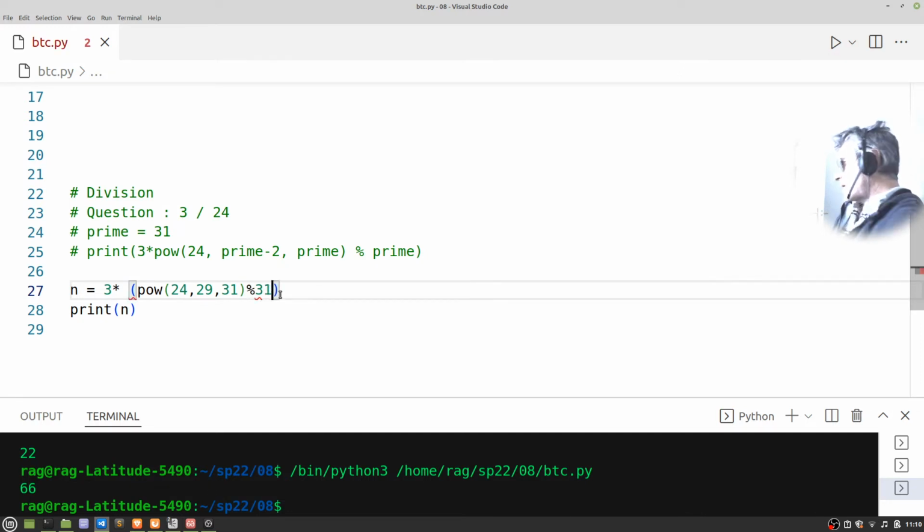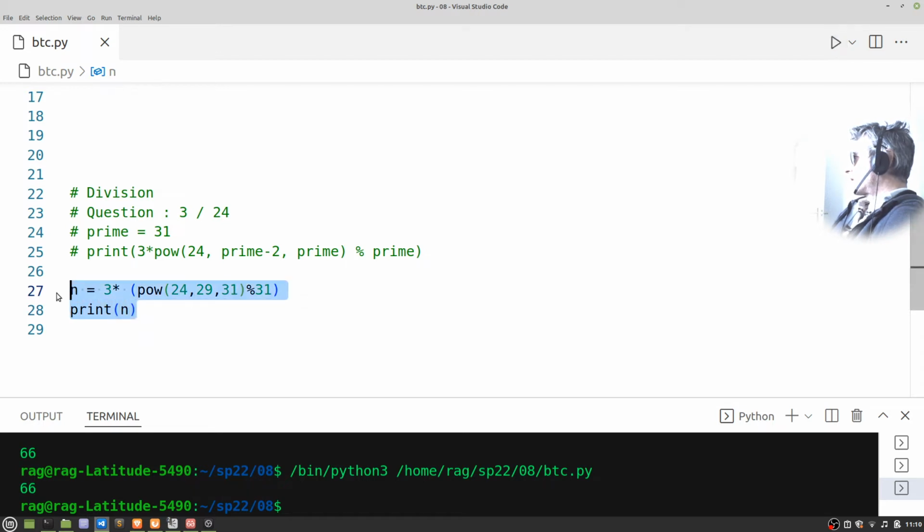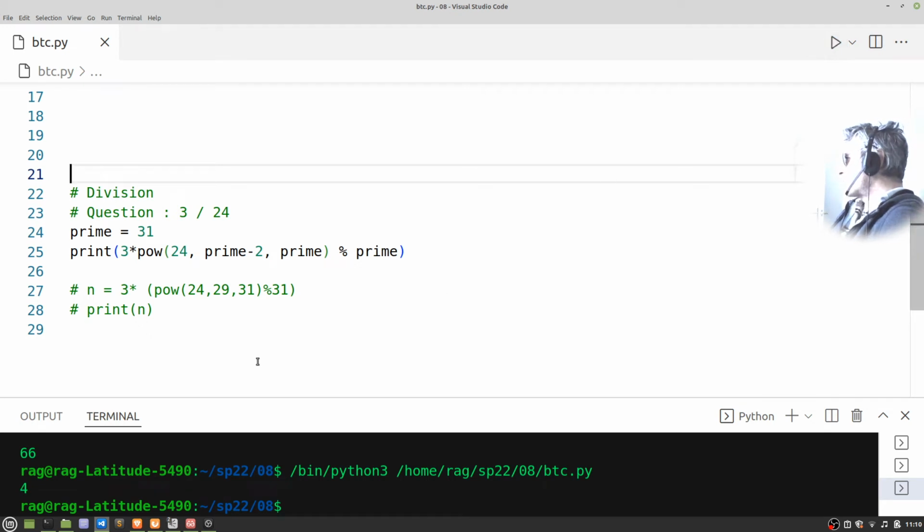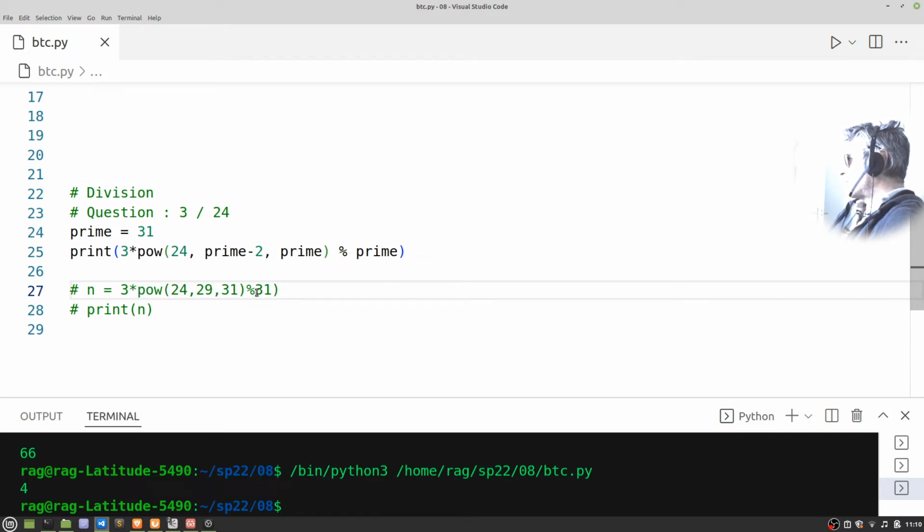So modulo 31, 66. So let's comment that out and see what we get here. We get 4. So what's gone wrong? We've got 3 times POW 24, 29, 31 modulo 31. Comment those out.